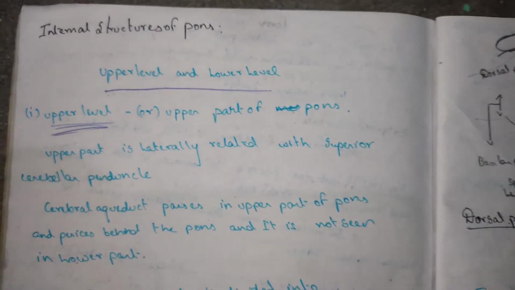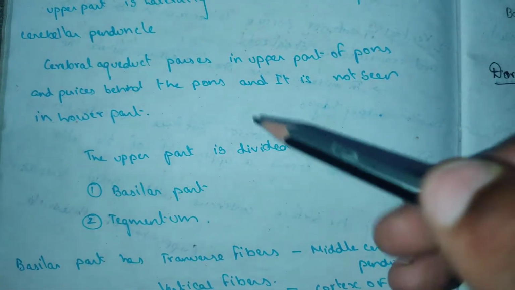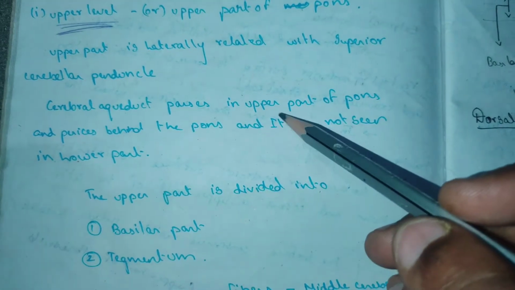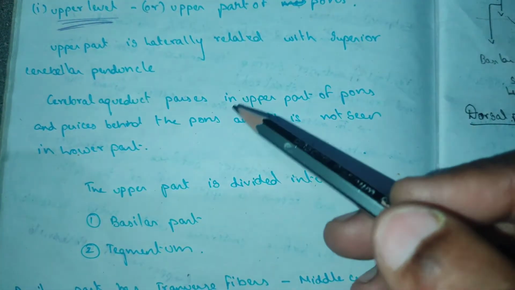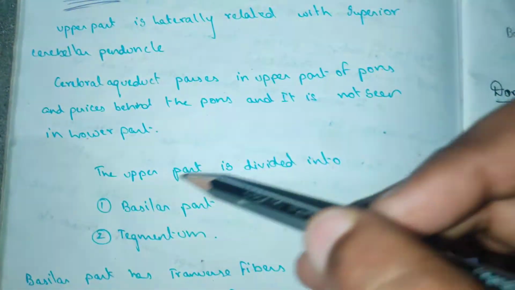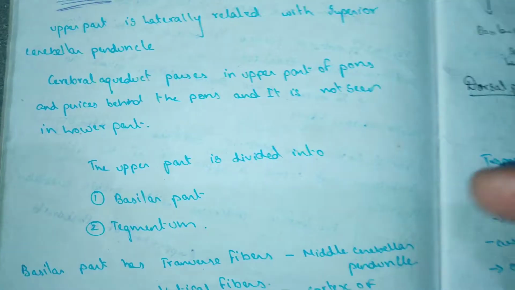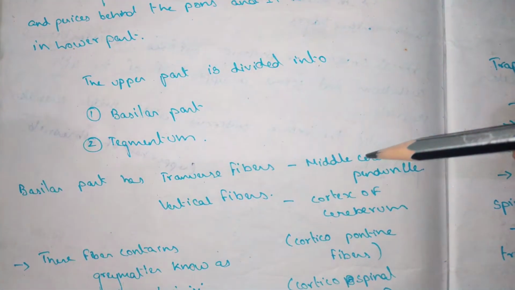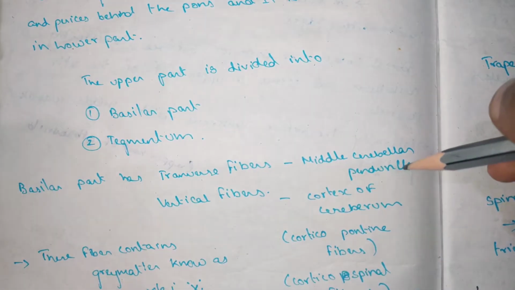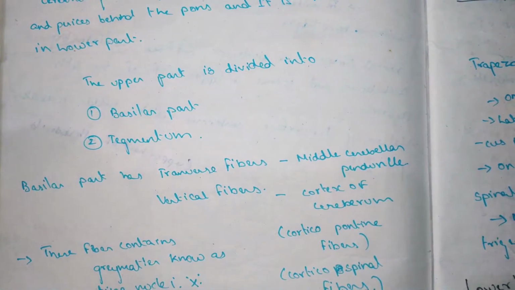There is no cerebral aqueduct seen in the lower part, only in the upper part. The upper part is divided into the basilar part and the tegmentum. The basilar part has transverse fibers which connect to the middle cerebellar peduncle, and the ventral fibers connect to the cortex of the cerebellum.